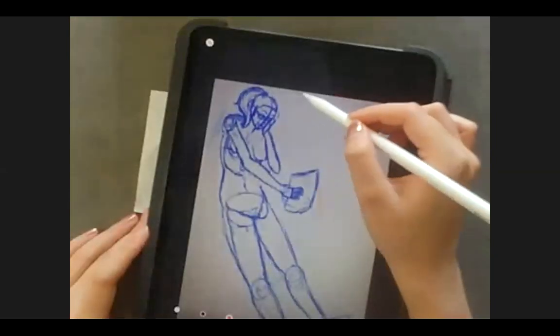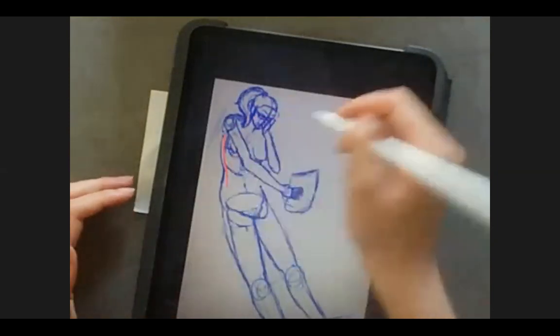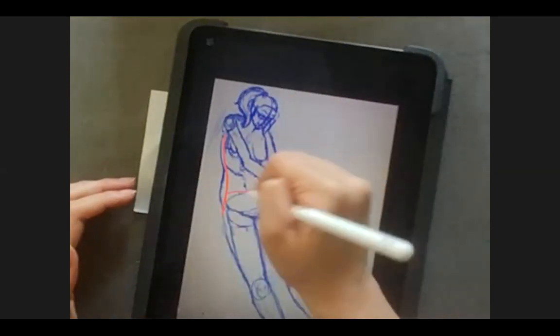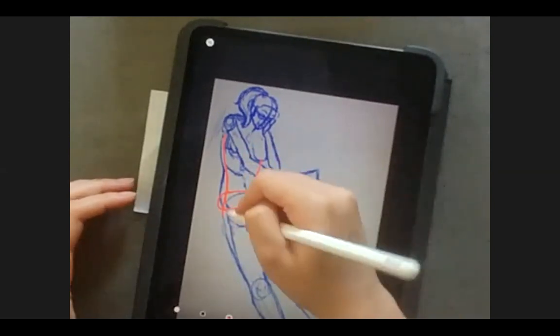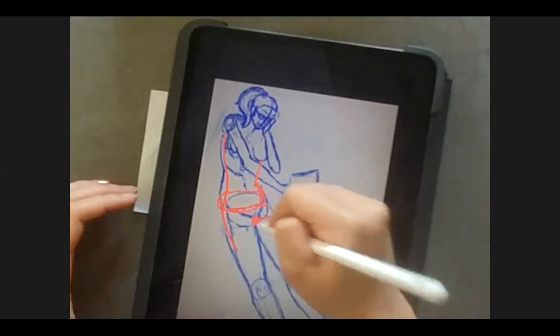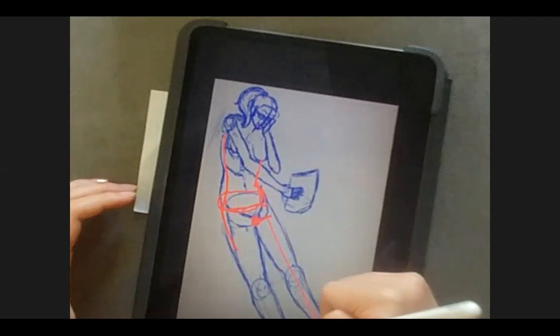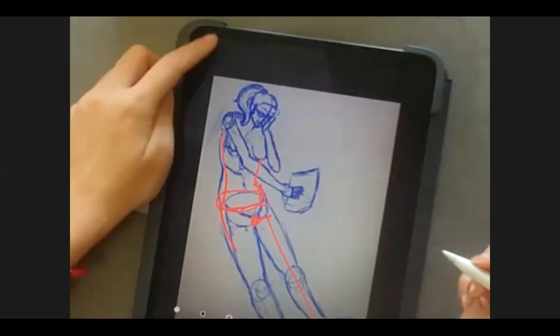You can push the C curve more. There's a little C curve. Head is a little small. Pelvis, for a female, is not wide enough. Could be wider. And if this is the anatomical center of the body, measuring down here and then measuring up here, I think the leg's a bit short as well.